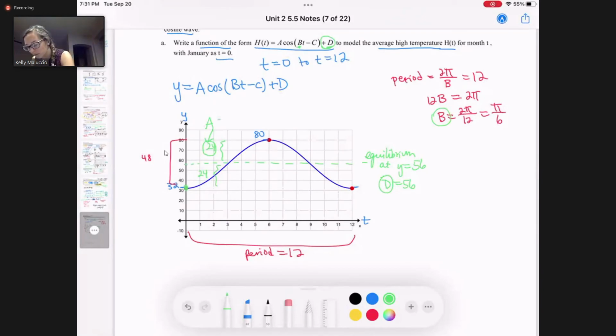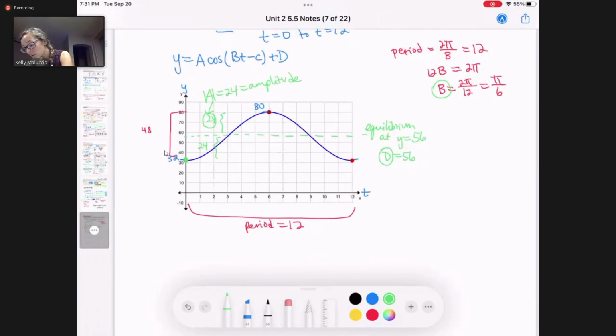So the absolute value of A is 24, the amplitude. But based on how this looks, because it's cosine, normally cosine starts at the top and goes down, but this is starting and going up. And so we know that A must be reflected in the x-axis. So I'm just going to say by the graph, A is negative 24, right?